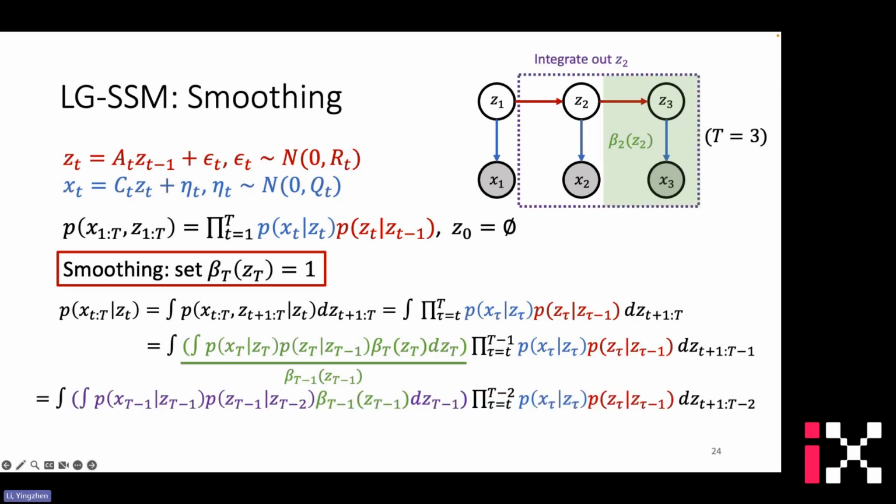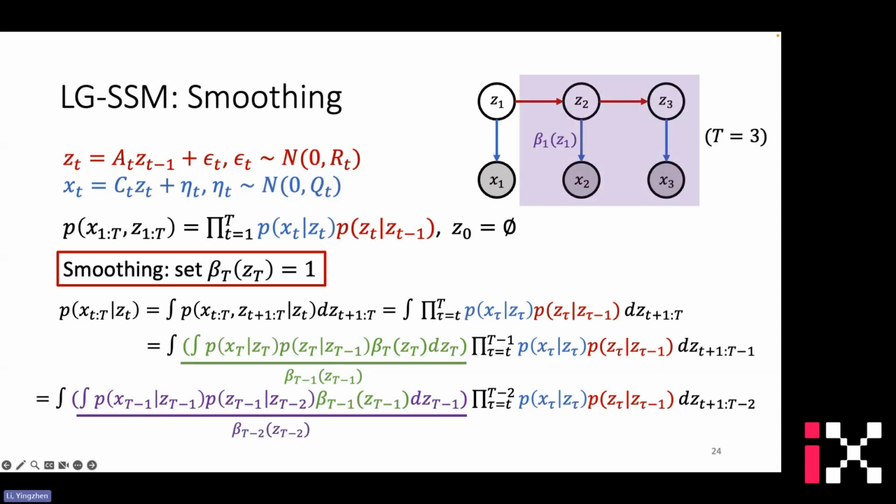I repeat the same thing again: I separate out the T-1 term and all the others, and do the integration over zT-1. Then similarly you get another message. You can see the same logic: you just repeat this process and integrate backwards.